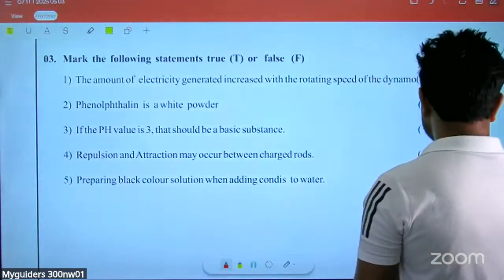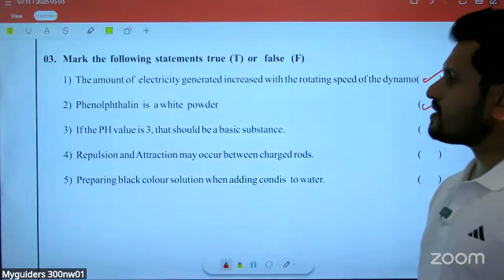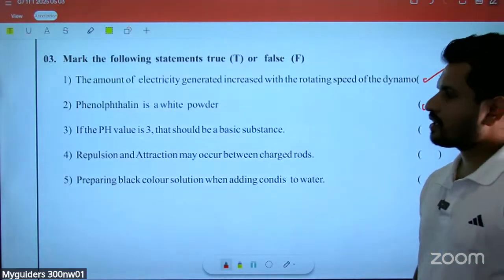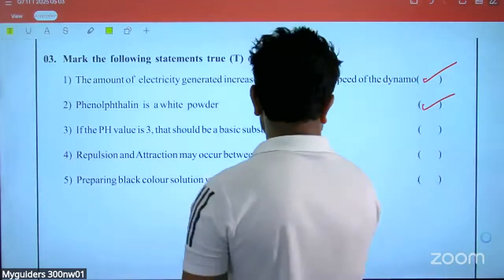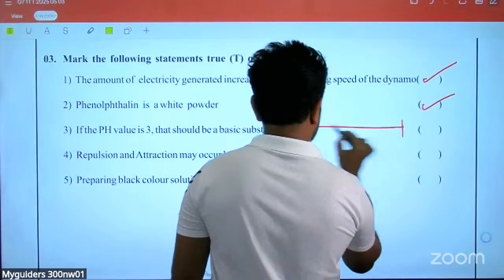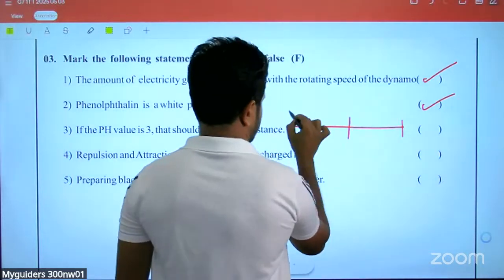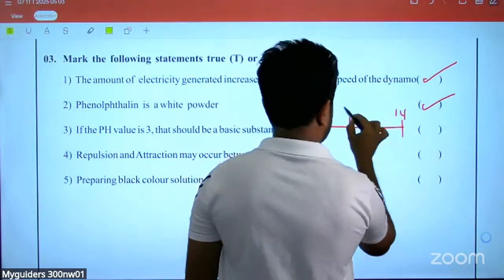So this is true. If the pH value is 3, that should be a basic substance. Look at this. We can have pH values, pH 0, pH 14, and here pH 7.